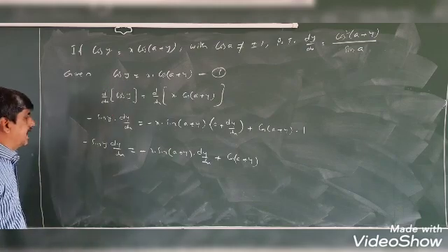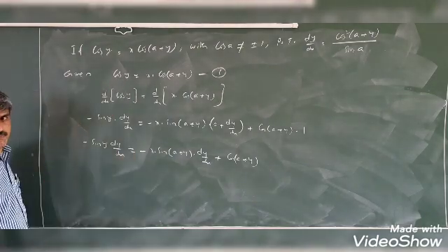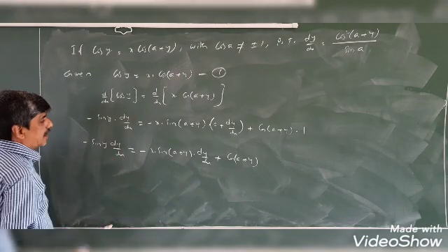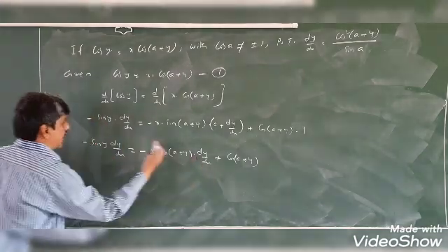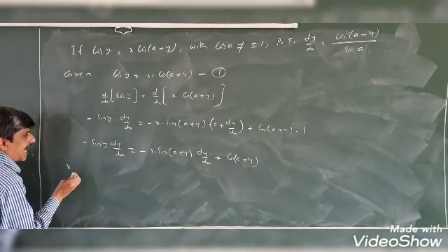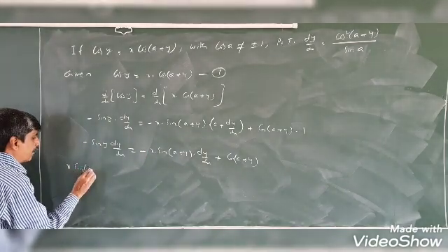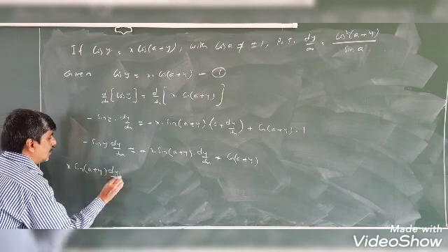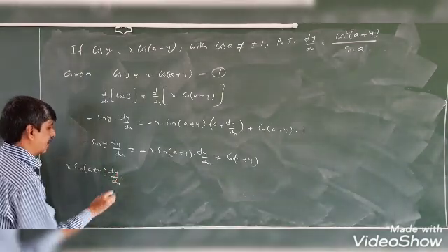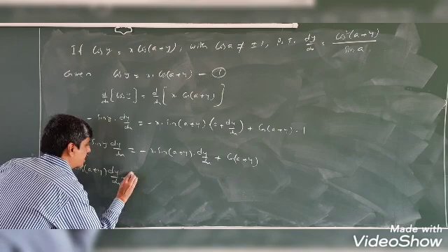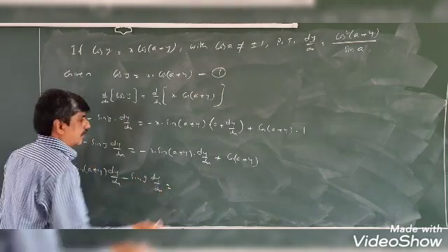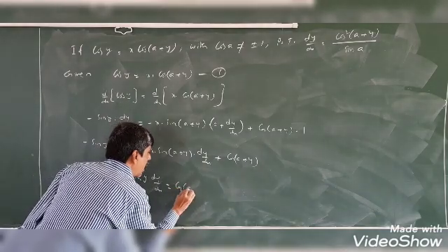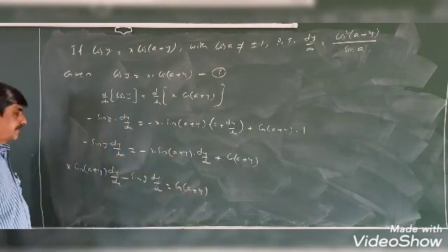So collect the dy by dx terms on one side and the remaining on the other side. Minus x into sin of a plus y dy by dx shifts to this side. So this is x sin of a plus y into dy by dx minus sin y dy by dx is equal to the remaining cos of a plus y.